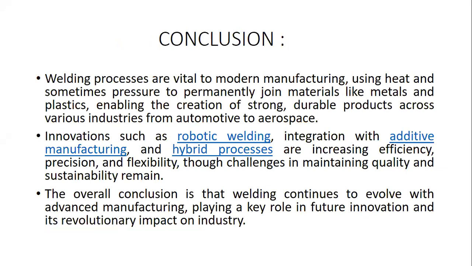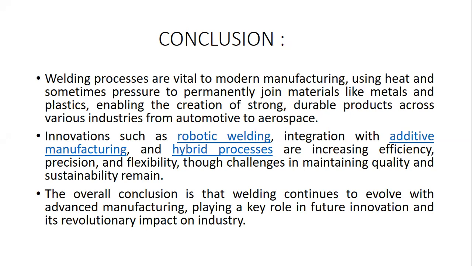With this basic information, I come to the closing session of Module 1, Introduction to Welding Process in Manufacturing. Based on this information, the welding process is one of the most essential, primary, fundamental processes in manufacturing companies. The main thing required for welding is heat and sometimes pressure in order to make a permanent joining of various metals and plastics, to create long durable products across various industries, from automotive to aerospace.